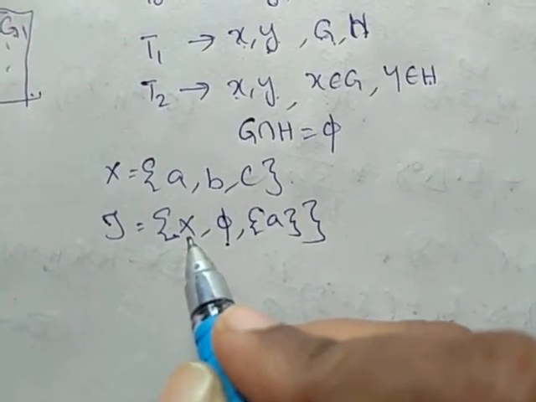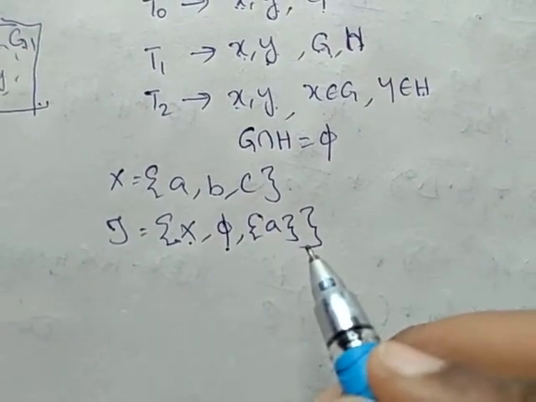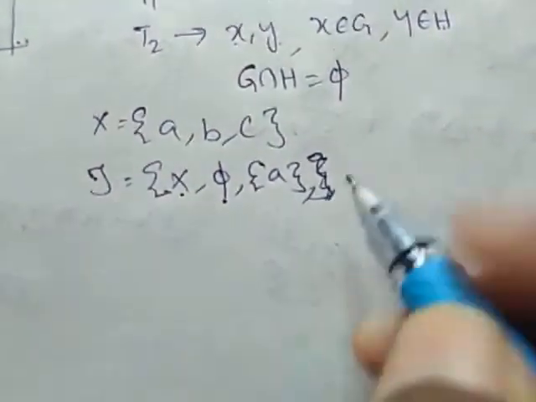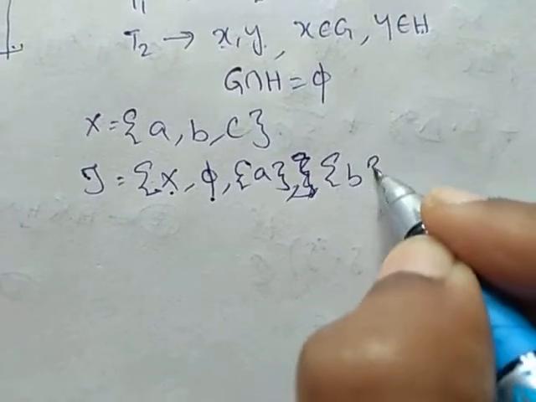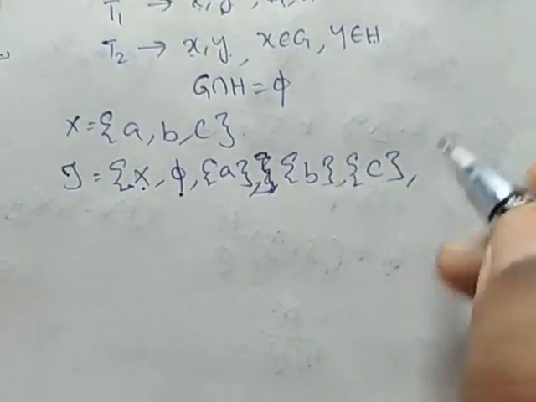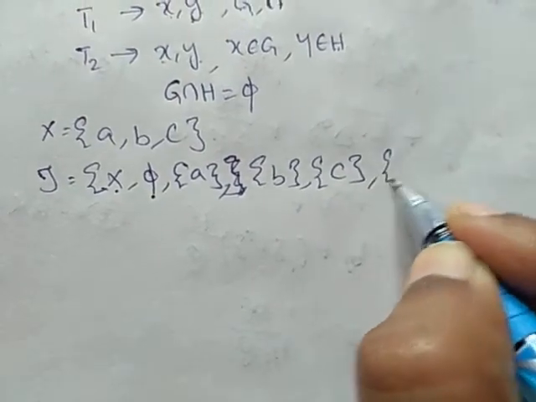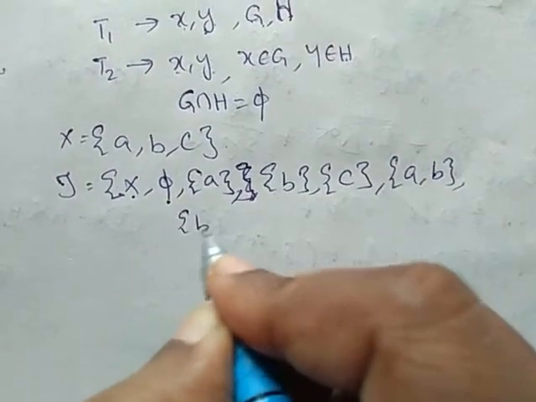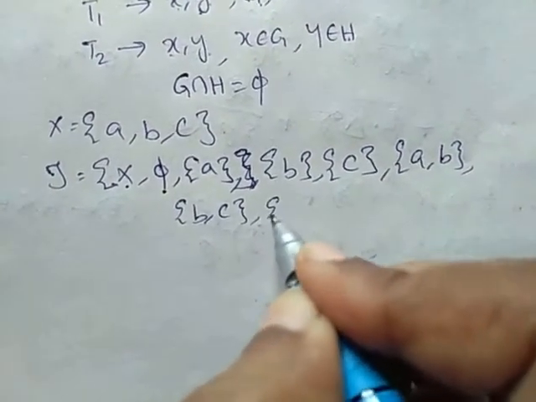X belongs to tau. So we are considering a topological space in this way: {a, b}, {b, c} and {c, a}.